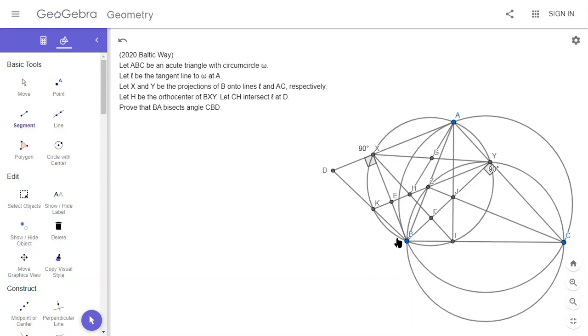So angle AIB is 180 minus angle AXB, so it has to be 90 degrees, right? So it's not too hard to show that. So once we know that, do you see how to use Pascal's theorem?